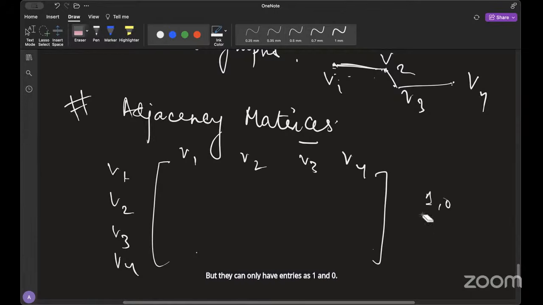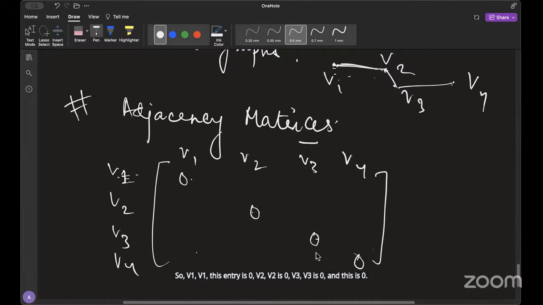If there's an edge between V1 and V2, we write a 1; if there's no edge, we write a 0. These diagonals are all 0 because V1 to V1, V2 to V2, V3 to V3, and V4 to V4 are all 0.